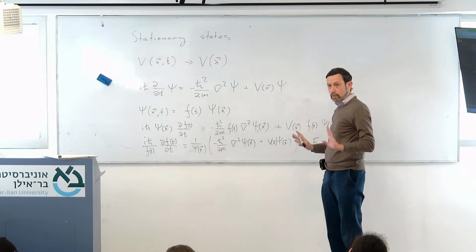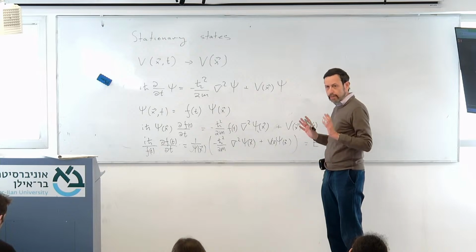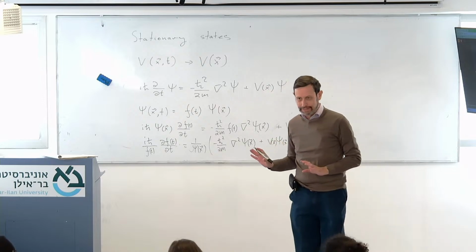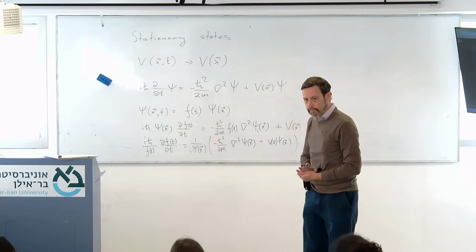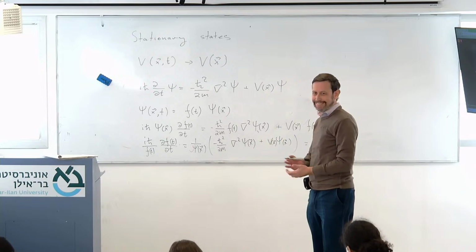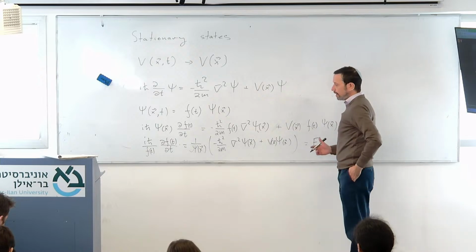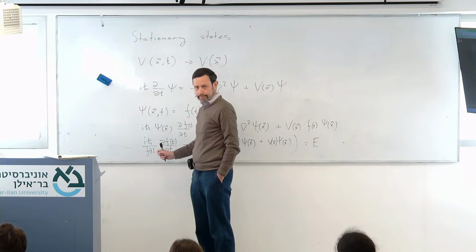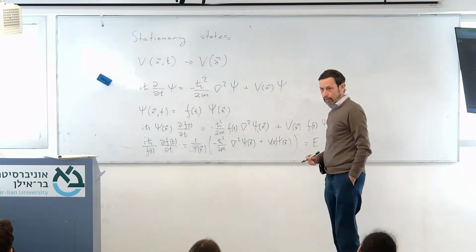At the moment, I'm calling it E. It will be energy, but at the moment, it's just a constant. I didn't prove that it's energy. We'll see it in a couple of minutes. But it has units of energy. And then we can solve the two equations that are equal to a constant.